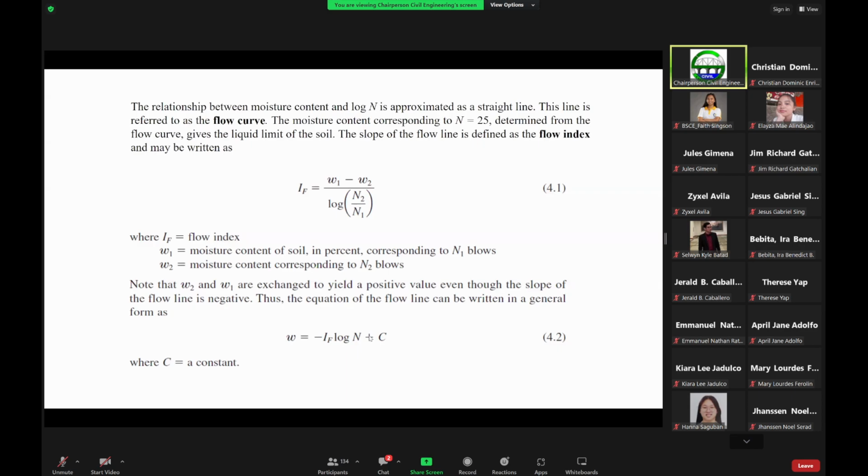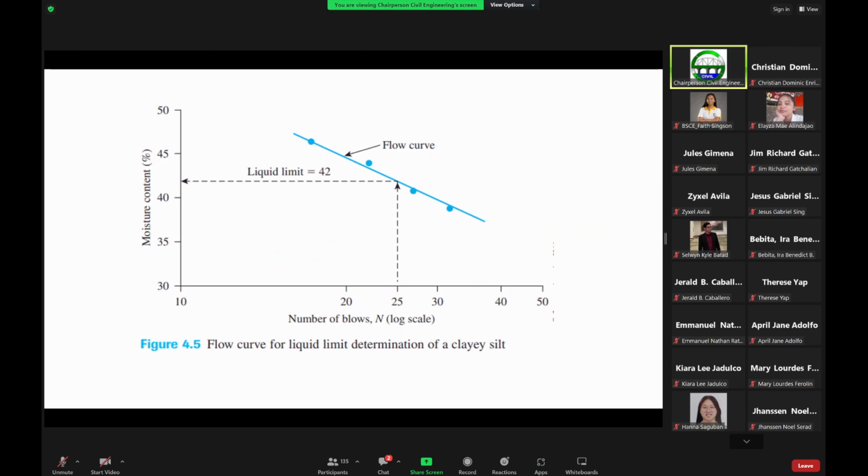Just to have a sample of the flow curve, this one here is an example of a flow curve for a liquid limit determination in the case of a clay silt. For the moment, let's just have that. Next meeting, we will go into soil classification, where clay silt is one of the soil classifications.